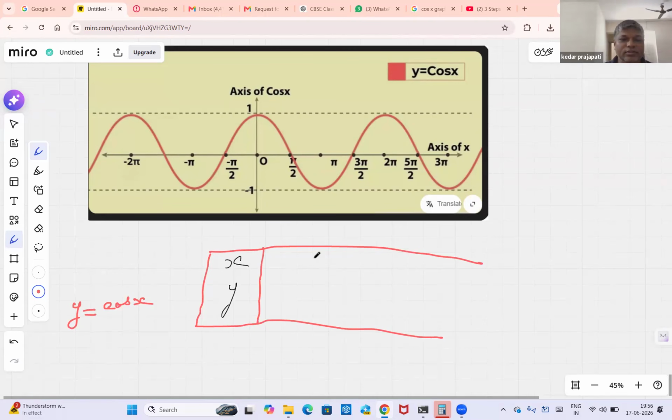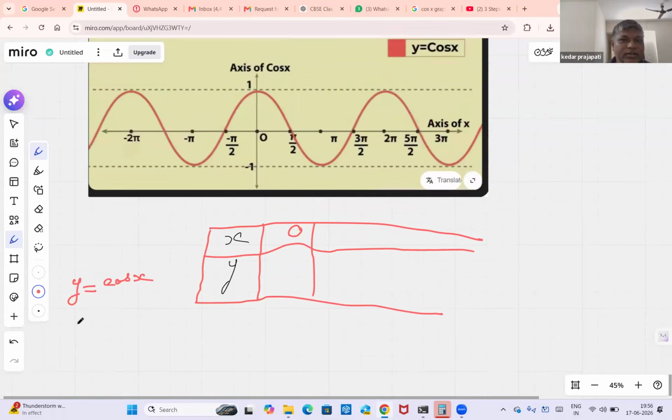Basically, suppose I'm taking x equal to 0. So what will be the y? y will become cos 0. Cos 0 is 1. So the point is (0, 1).